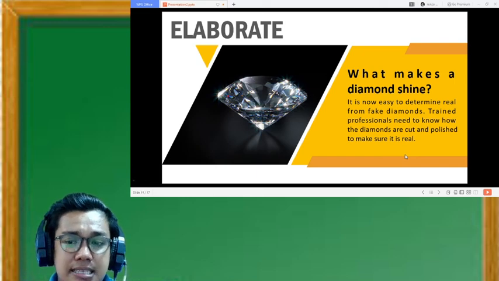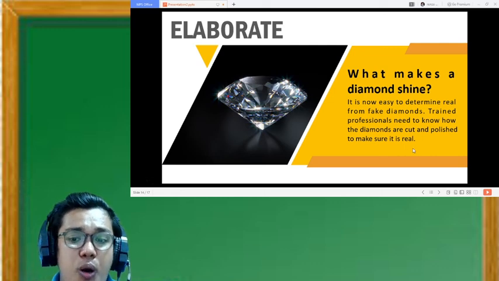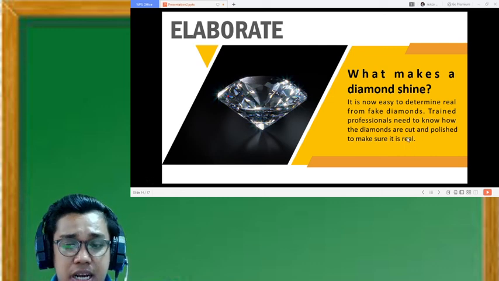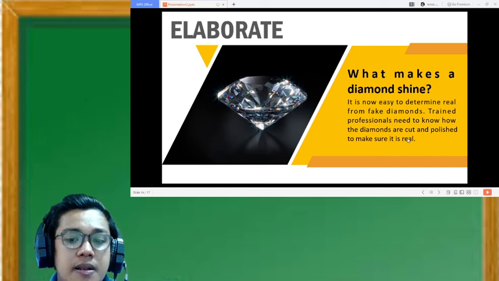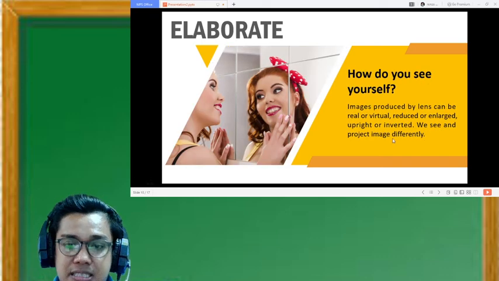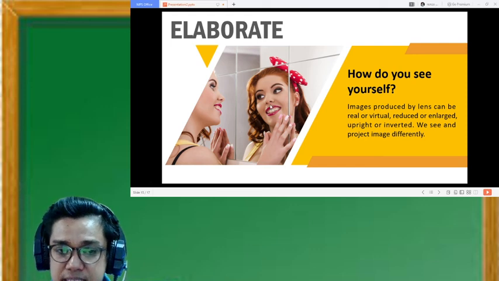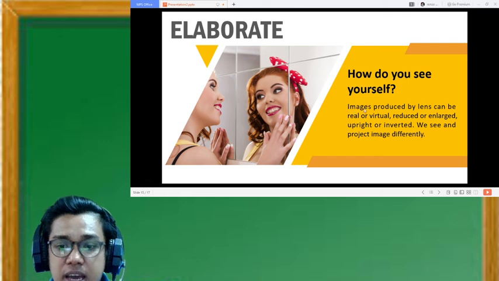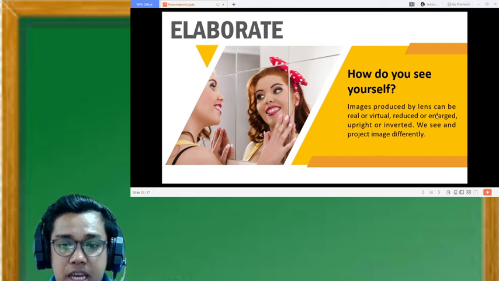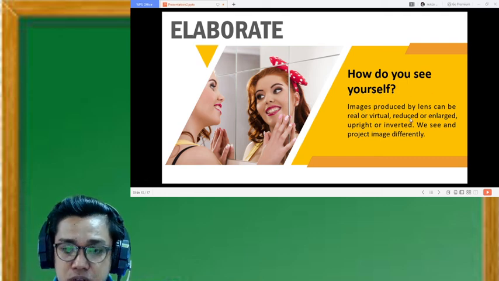It is now easy to determine real from fake diamond. Tama? Trained professionals need to know how the diamonds are cut and polished to make sure it is real. Okay? Nakikita niyo yung tao tumitingin, facing himself or herself in a mirror. Images produced by a lens can be real or virtual, reduced or enlarged, upright or inverted.